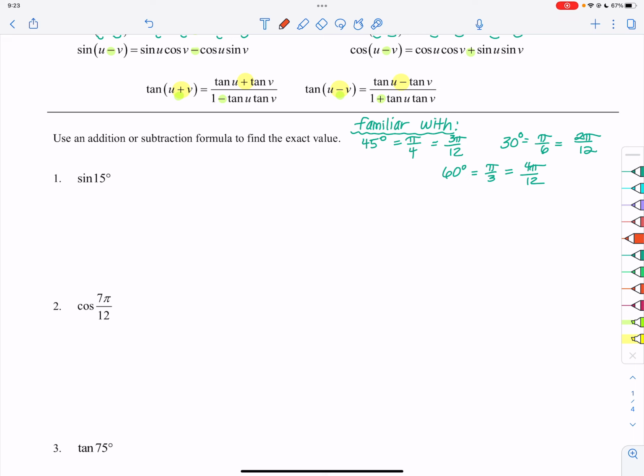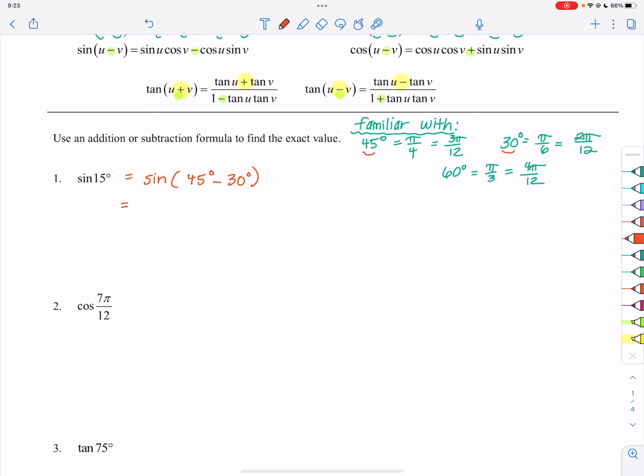We do know that that is equal to the sine of 45 degrees minus 30 degrees. And both of these are familiar, okay?